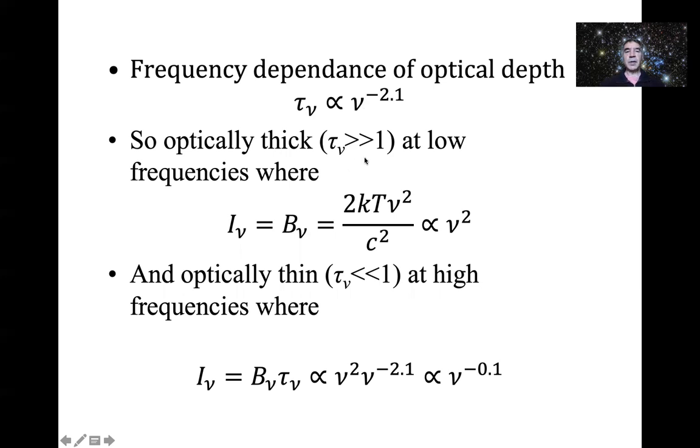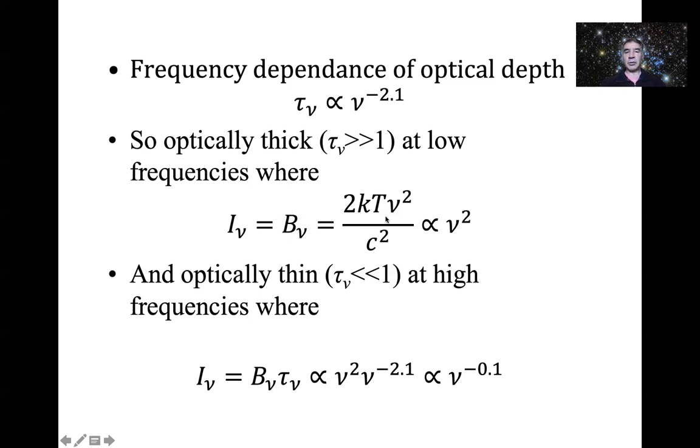Okay. So recall from the radiative transfer lecture that in an optically thick situation, if the optical depth is greater than 1, the intensity is basically just given by the Planck function if we are in thermal equilibrium, which for these kind of nebulae we are as far as the radio process is concerned.